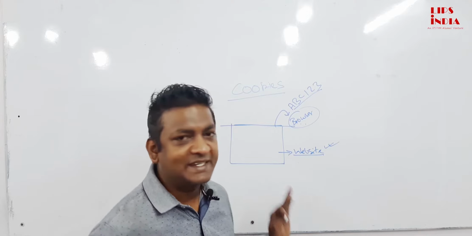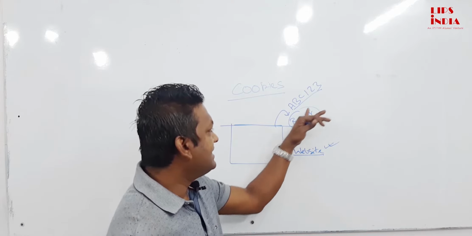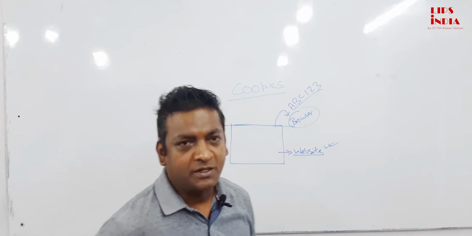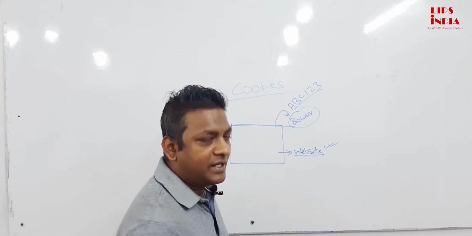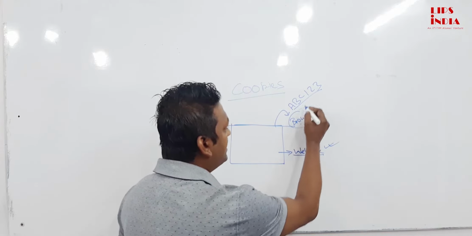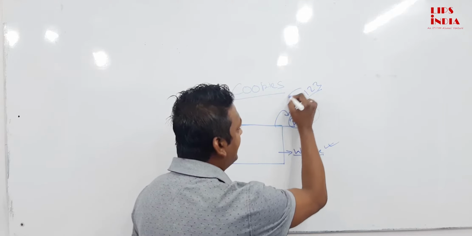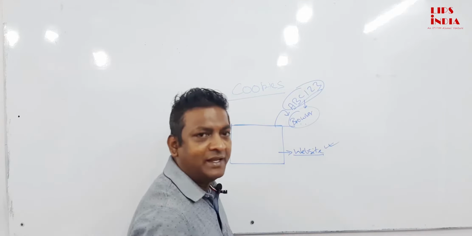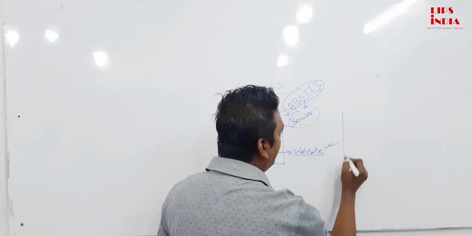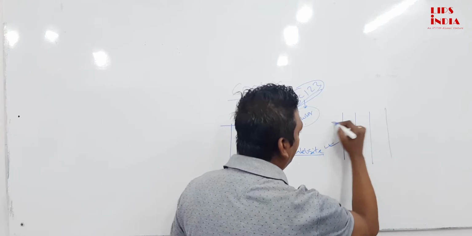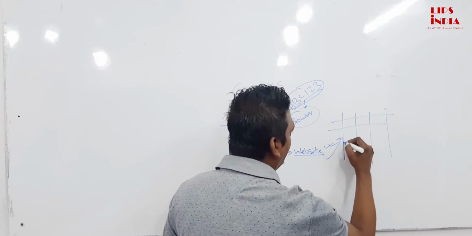The website decides what it is, but this is a unique ID which is mapped to the browser. Now this browser has been assigned this ID, so whatever activity this ID does on your website is stored in the website's backend database.